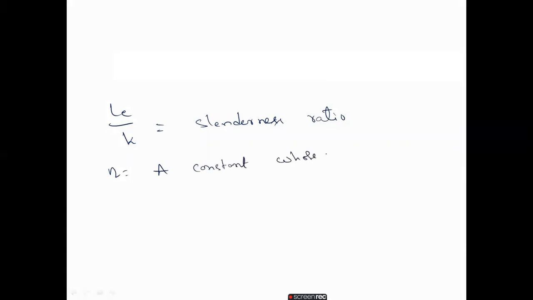Next, LE by K is nothing but the slenderness ratio. N is a constant whose value depends upon the material of the column.